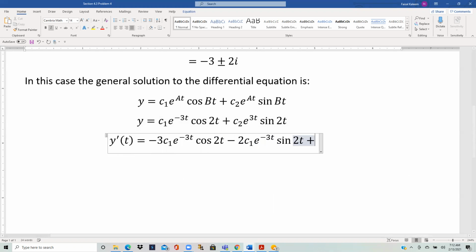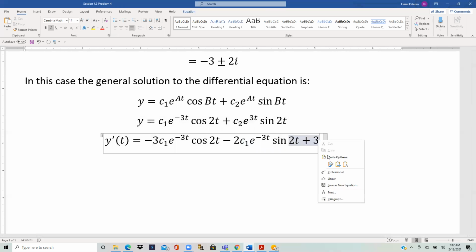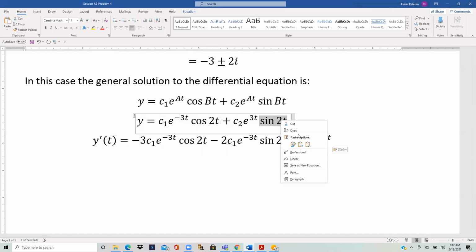So similarly, for the second term, the derivative of c2 e to the 3t is 3c2 e to the 3t. So 3c2 e to the 3t. And then you keep the sine 2t as it is.